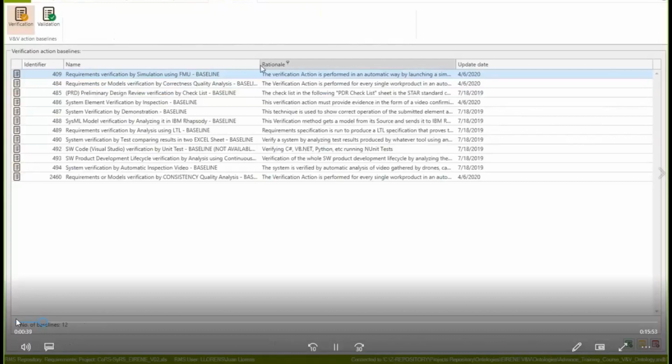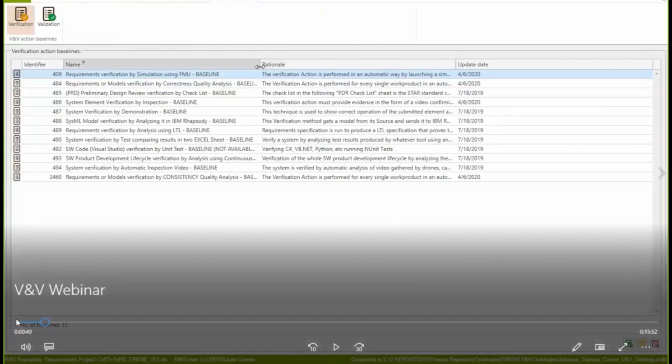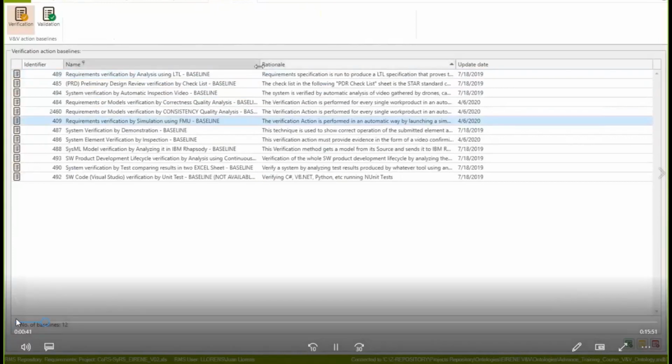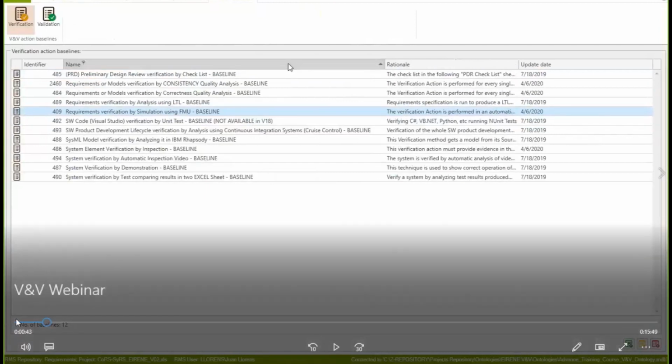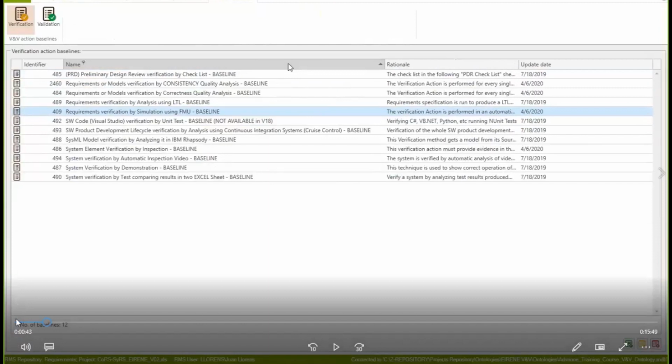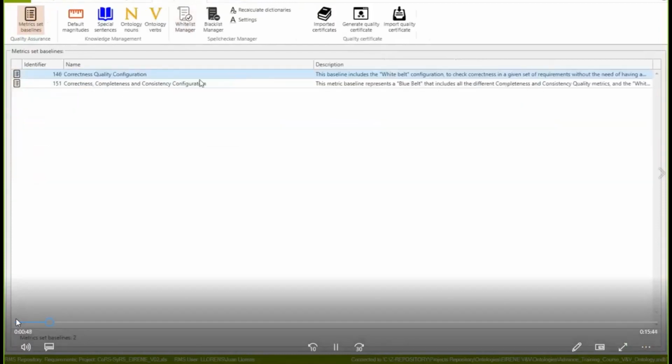In this V&V assurance, you can see here that we provide the possibility to define baselines or templates of the verification action. So what you have here is a verification action template. You can open one, and if you open one verification action template, you define how all the different verification actions can be instantiated.